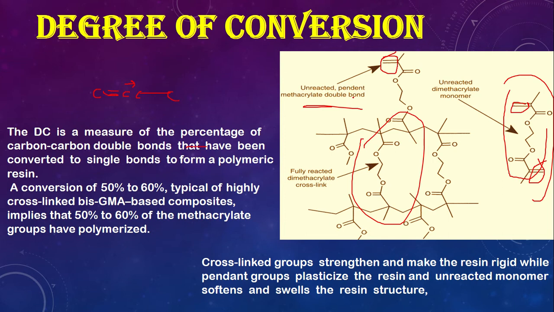This is still left, and it could still covalently bond to another polymer structure, right? And it forms a pendant group. The function of this pendant group is to plasticize the resin and soften and swell the resin structure. Then the cross-linked groups strengthen the composite resin.